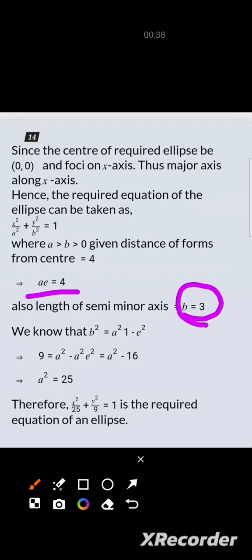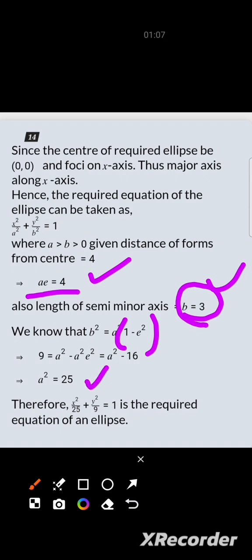In the last few sums, what we have seen is that the value of a was given. Here the value of b is given as 3. So these two are to be utilized to find the value of a. So we are going to use the same relation, b square is equal to a square into bracket 1 minus e square. So by substituting the values for b square and AE, we get the a square value as 25.